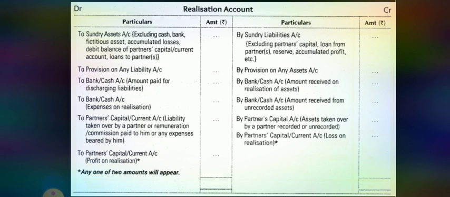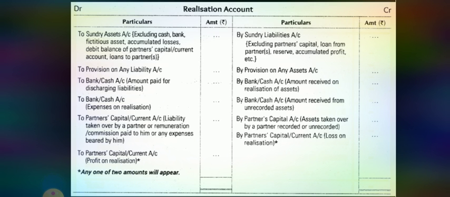Next, debit side, last entry is partner's capital or current account for profit on realization, and credit side, partner's capital or current account for loss on realization. Whichever would be the difference, debit side or credit side, that would be shown as the profit or the loss.